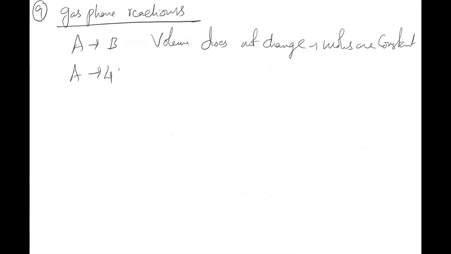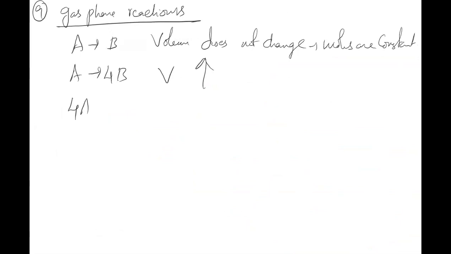Suppose if you take gas phase reactions, if you take A gives B, volume doesn't change, because moles are constant. Suppose if you take reaction A gives 4B, your volume increases.